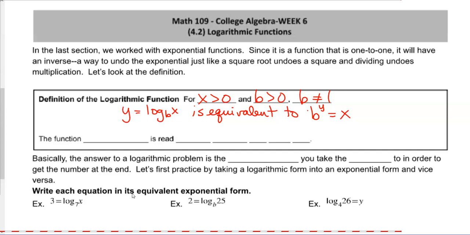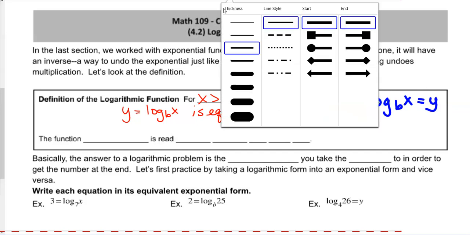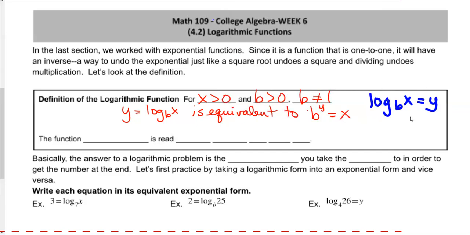Now I like to do it this way. A lot of times I'll say, if I reverse that and say log base b of x equals y, in order to change from this into exponential form, which we will practice, we end up doing a circle. So if I have b to the y equals x, then I get this definition.